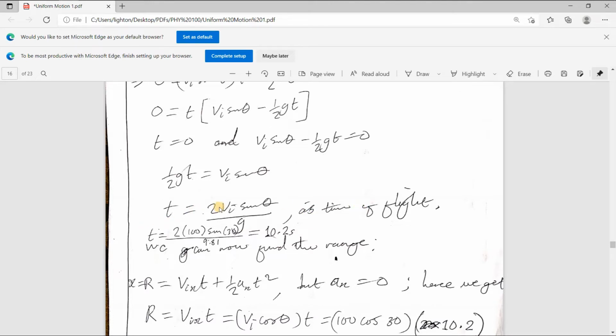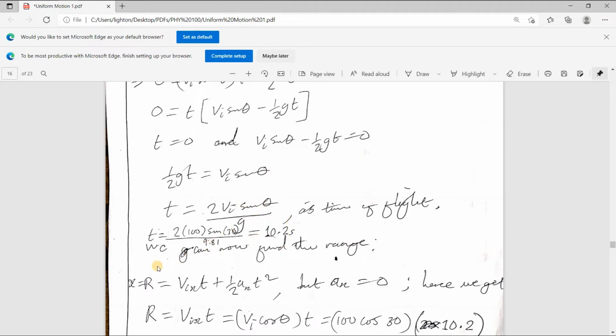So t is equal to 2 times 100 times sin 30 degrees over g, which is 9.81, giving a total time of 10.2 seconds. So this is the time of flight.